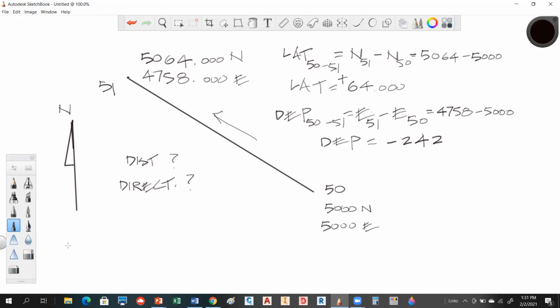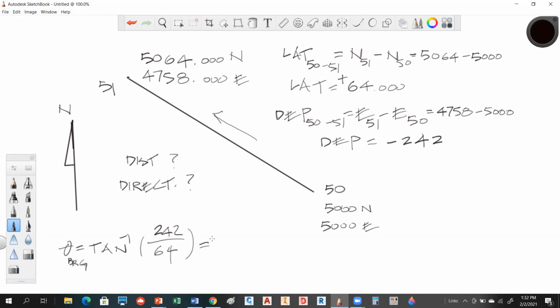So for the direction in terms of bearing, and remember what you're going to get is a bearing out of this. So the angle is always going to be between 0 and 90. It's departure, 242 divided by the latitude. Now, I don't worry about the negative signs because they are only telling me quadrant, so I don't care about them.